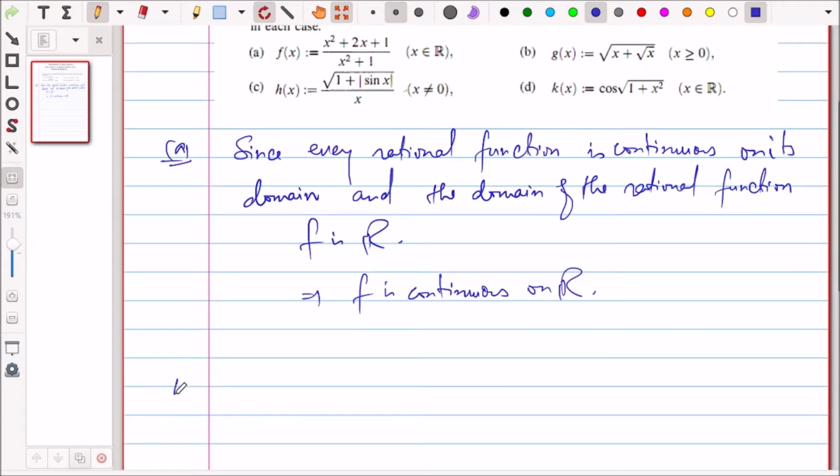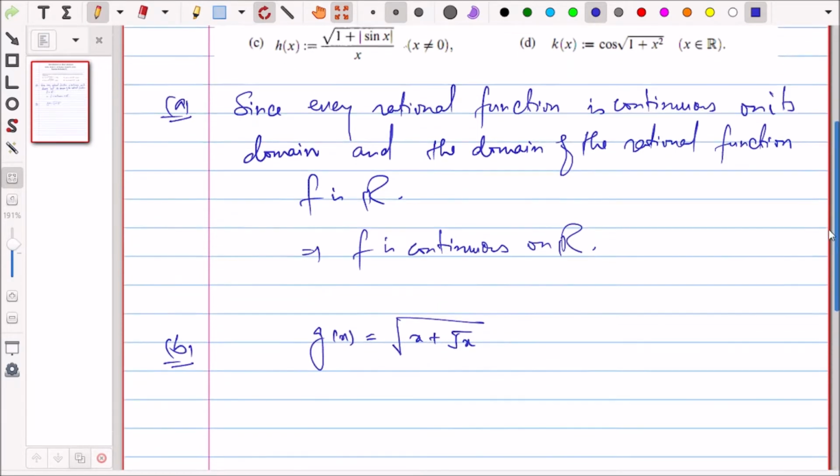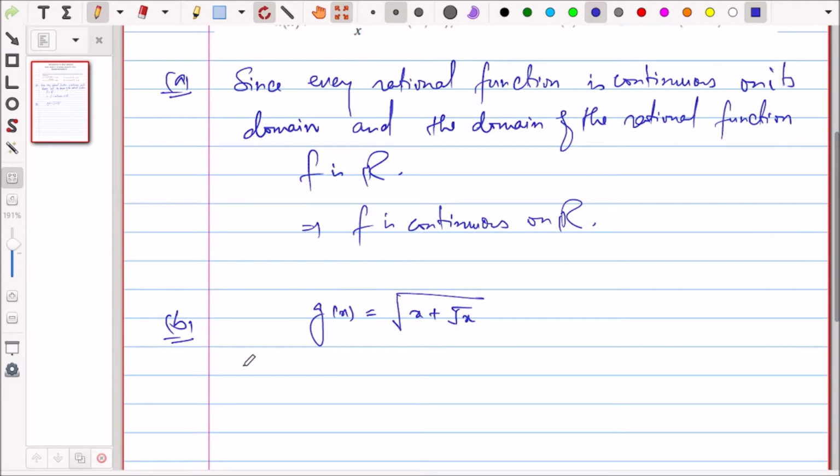Now let us take the b part. So b part is g(x) equal to root x plus x. This is a combination of 3-4 functions. Let us take the first function. Let f(x) equal to x for all x belonging to R. This is defined on whole R, and take h(x) equal to root x, which is defined for all x greater than or equal to 0.